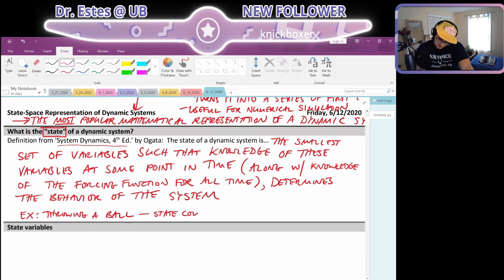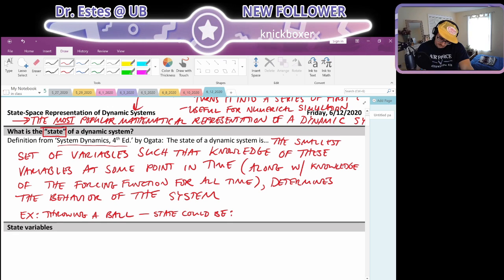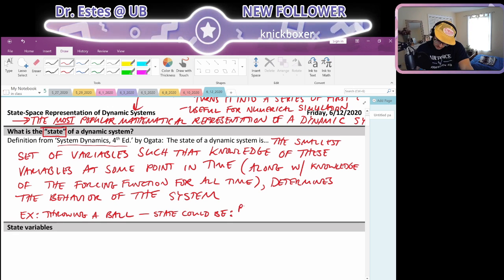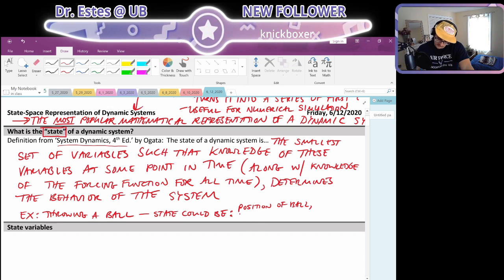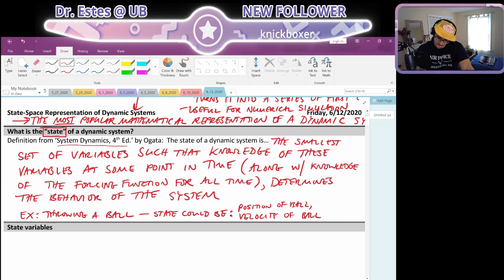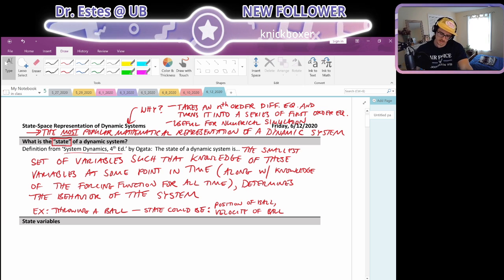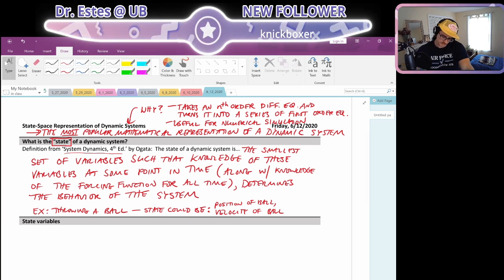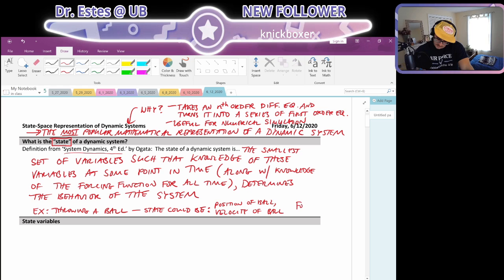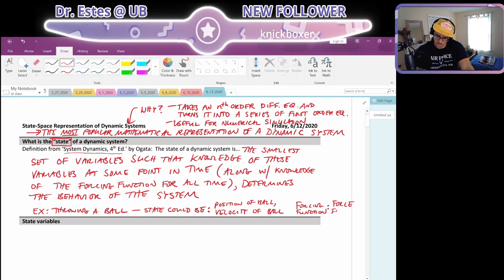The state could be the position of the ball and the velocity of the ball. So maybe we have two states. And maybe we'll say the forcing function is the force from my arm when I throw the ball.